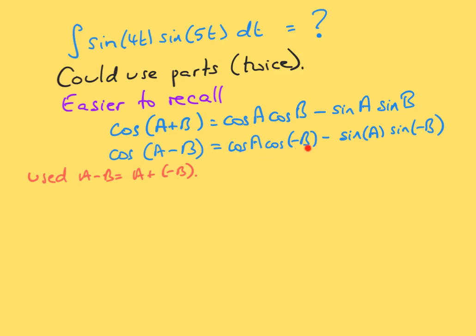Here we have the cosine of minus b, but we're going to recall that the cosine is even and the sine function is odd. And what that means is that the cosine of minus b, it's an even function, is the same as the cosine of b.